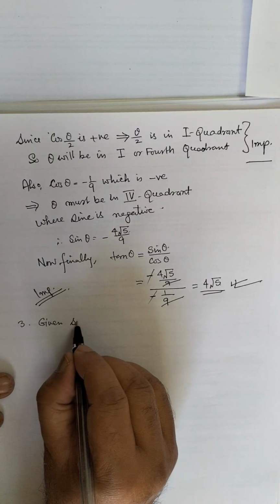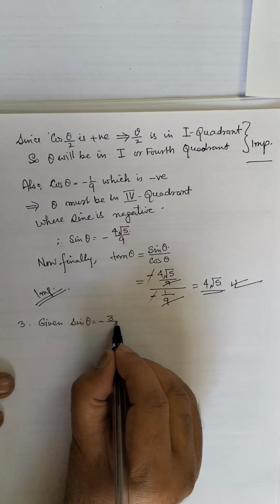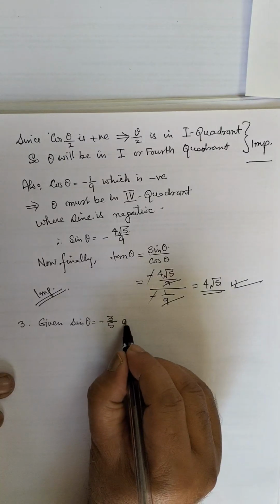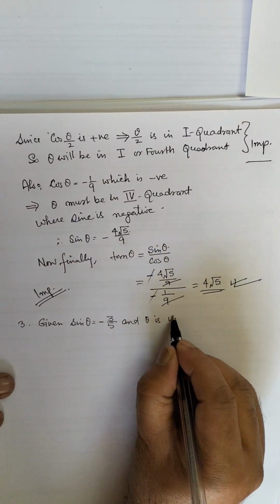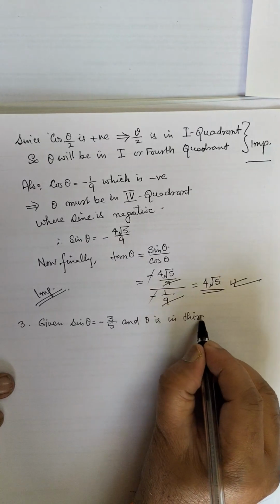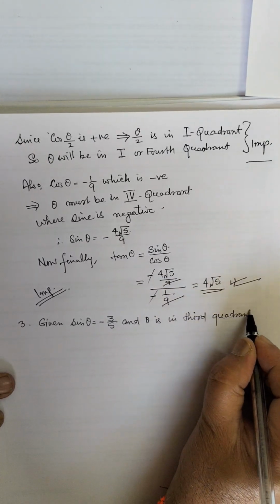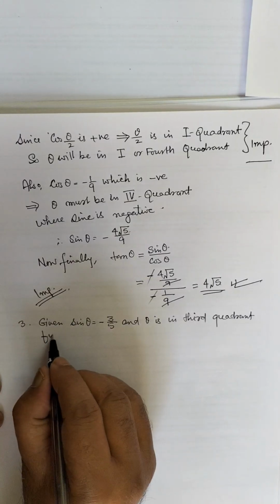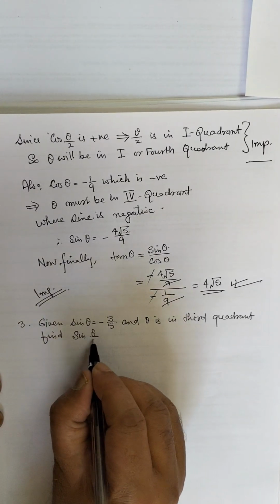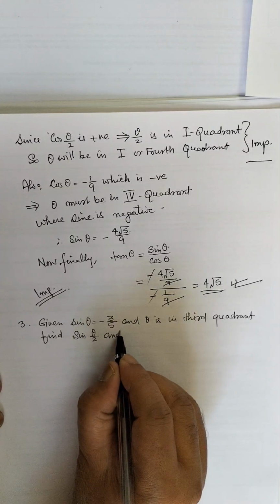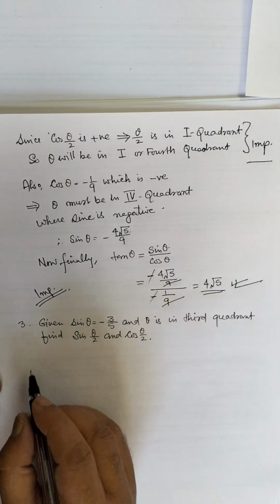Given sin theta is minus 3 on 5 and theta is in third quadrant, we have to find now sin theta by 2 and cos theta by 2.